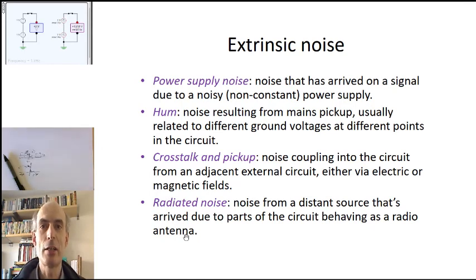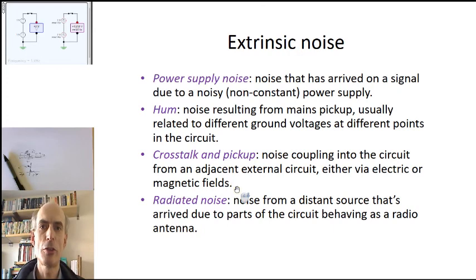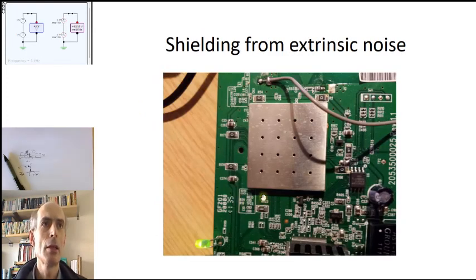For electric fields in particular, you can reduce the amount of noise quite considerably by shielding. This is an electric shield over a sensitive part of a circuit, which is there to reduce the effect of any external electric fields on the sensitive circuit in between.